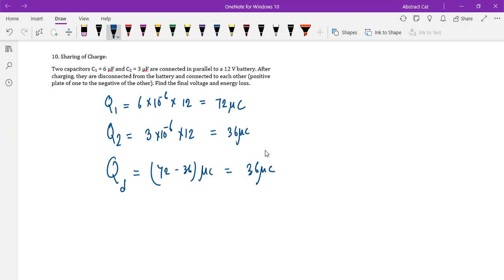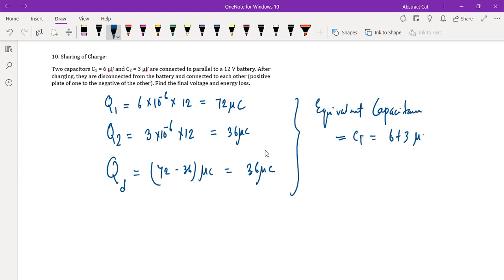So here the equivalent capacitance is very easy to calculate. If they are in parallel, CT is just added, 6 plus 3 microfarad, so that is 9 microfarad. That's the equivalent capacitance. Okay.